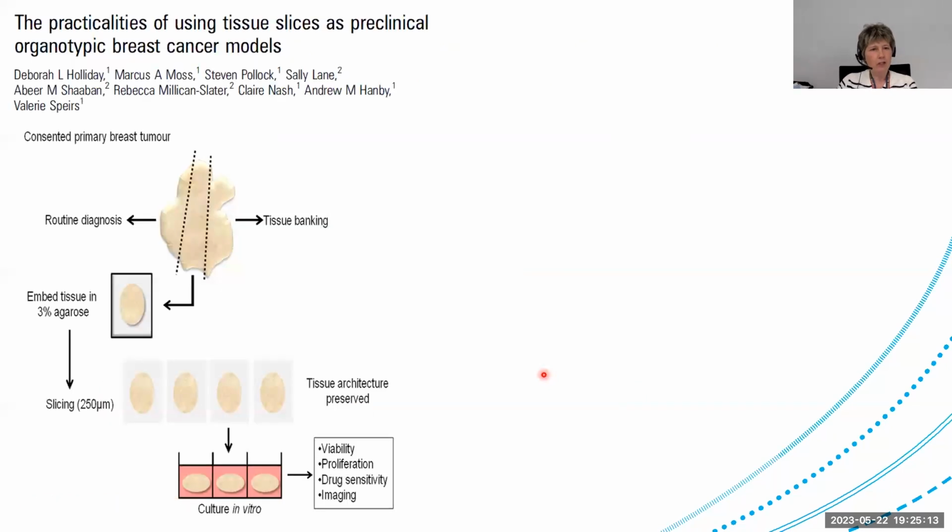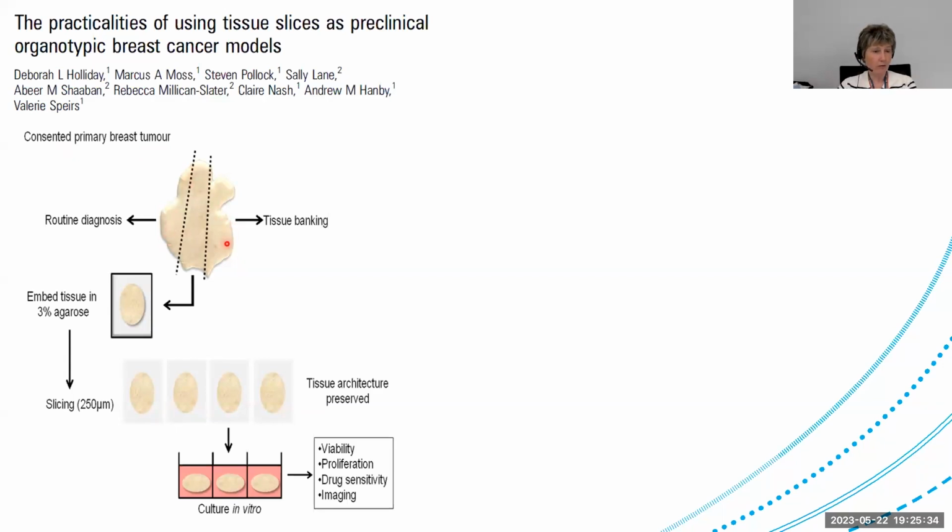So, a few years ago now, we were interested in looking to see how practical using tissue slice models could be. And this was a paper that we published. And we took a primary breast tumour. We had the consent of the patient to use it in research. And a portion of it went off for routine diagnosis.